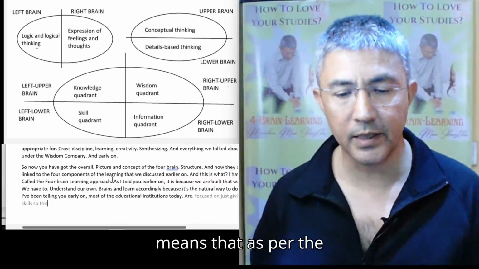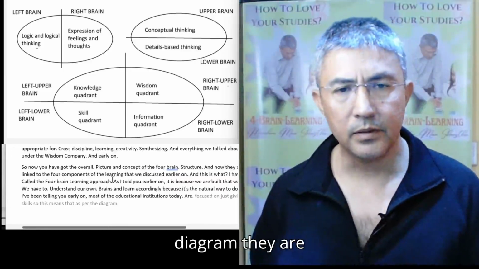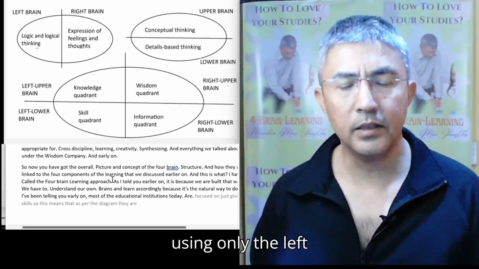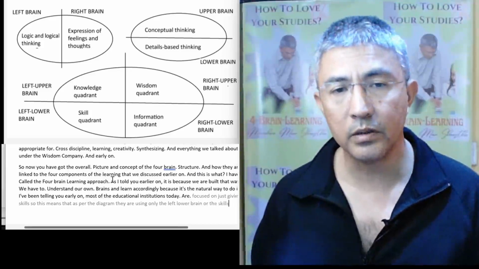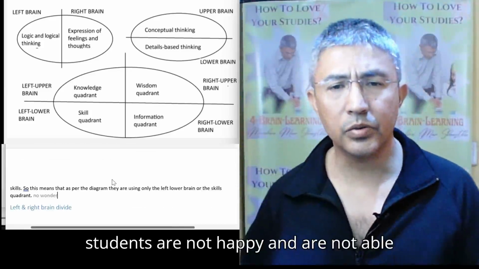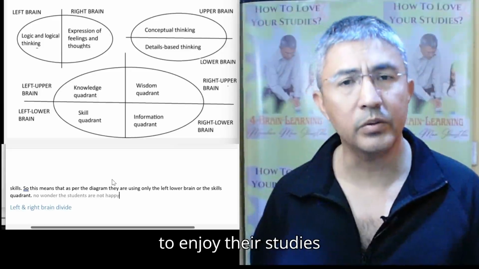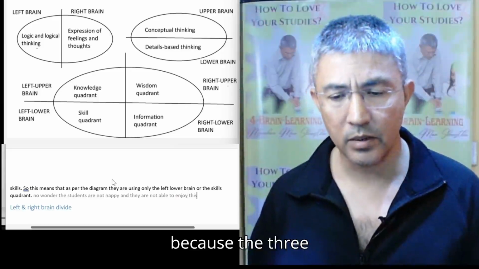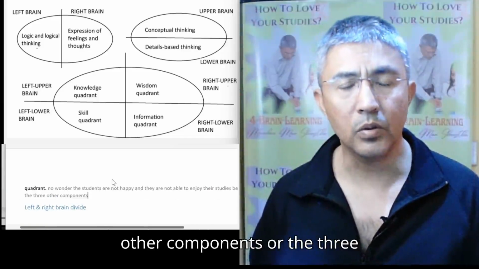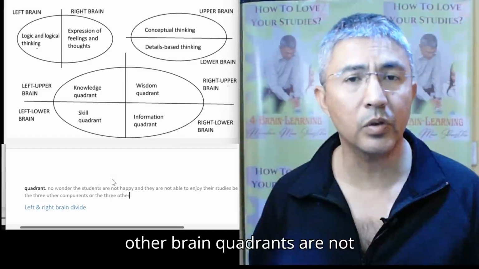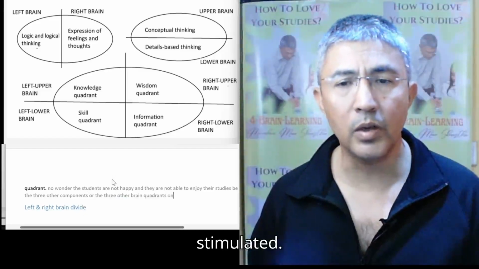So this means that as per the diagram, they are using only the left lower brain or the skills quadrant. No wonder the students are not happy and are not able to enjoy their studies, because the three other components or the three other brain quadrants are not stimulated.